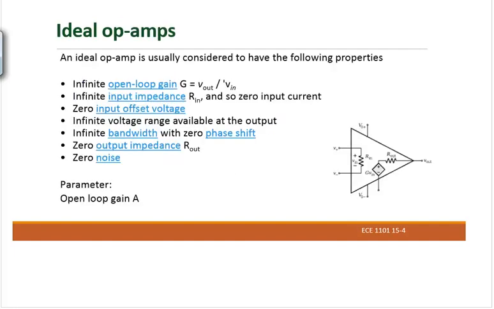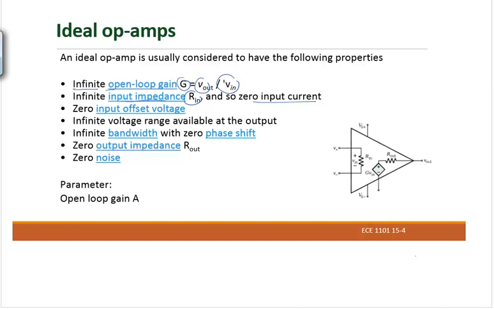These are the assumptions we use. Number one, we say gain is very large. That's why we can say open loop gain, which means infinite gain. The gain is V out over V in basically. The input impedance R in, or resistance value, equals infinity, so there is no current.